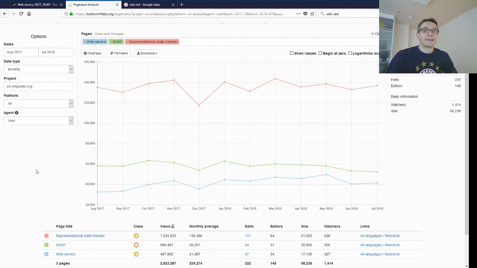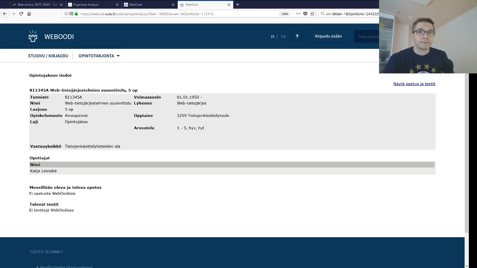It has the most page views per month for the past year, and also if we look into the number of edits made to the REST page, we can see it's 131, whereas for SOAP and web service we are at 44 and 47. Also the number of people making edits is 84 for representational state transfer, while it's only 31 for SOAP and 34 for web service.